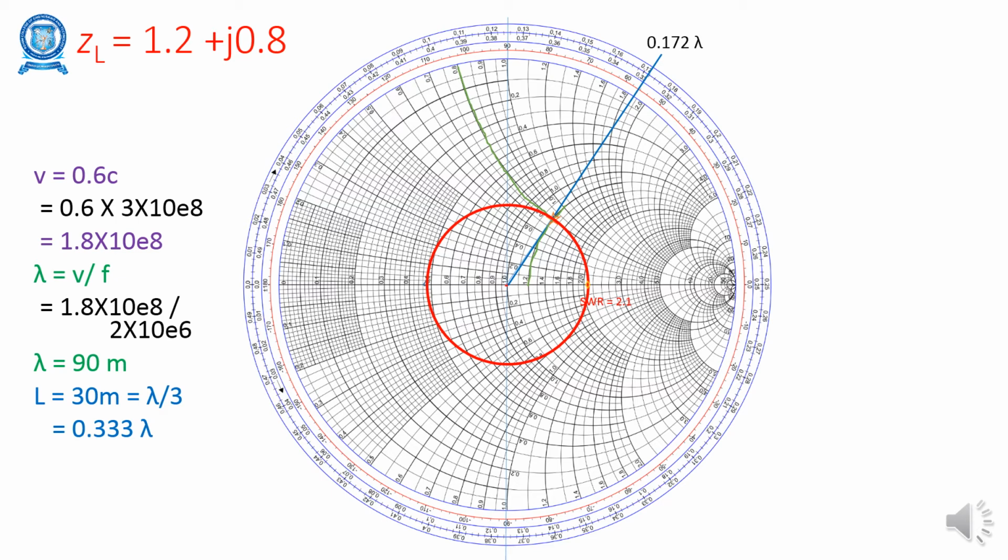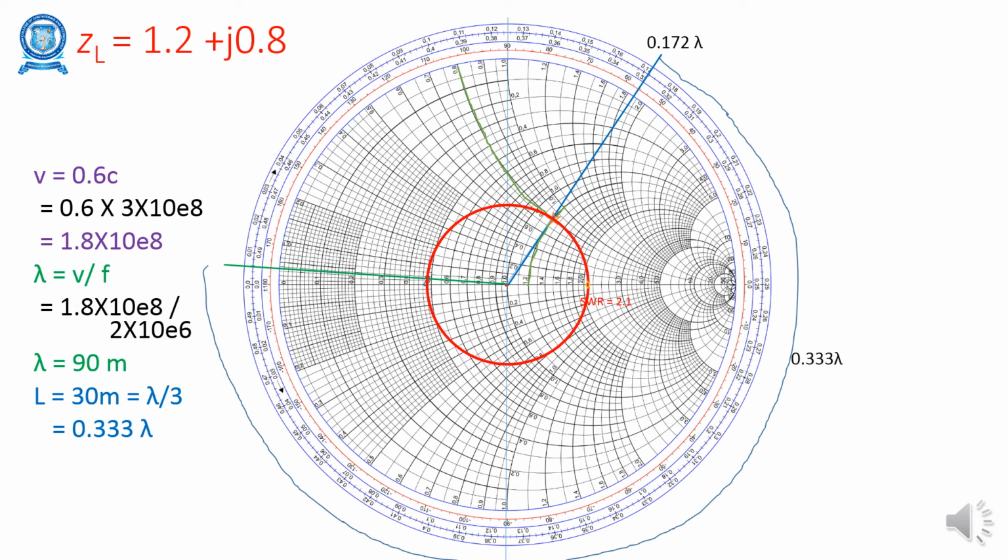Now we mark 0.33 lambda on the Smith chart, and we draw the line from 0.172 lambda to 0.33 lambda. This is the distance between the load and the generator.